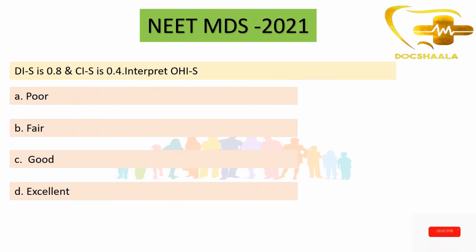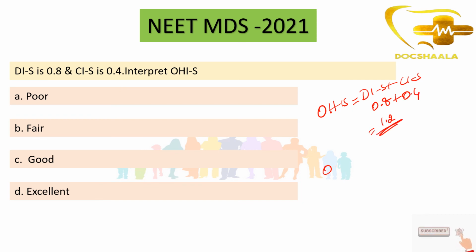Then coming back to the question. So DI-S is 0.8, CI-S is 0.4. So OHI-S, how do we do it? DI-S plus CI-S. So what they have given, 0.8 plus 0.4, this will be 1.2. So the OHI-S interpretation, we have seen it just now, right? Good will be 0 to 1.2.